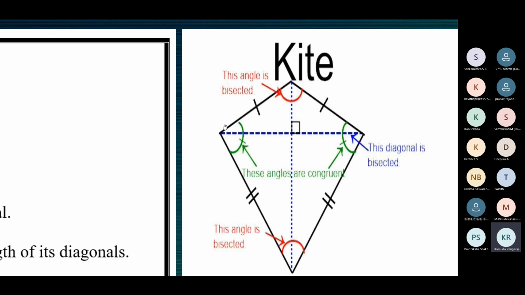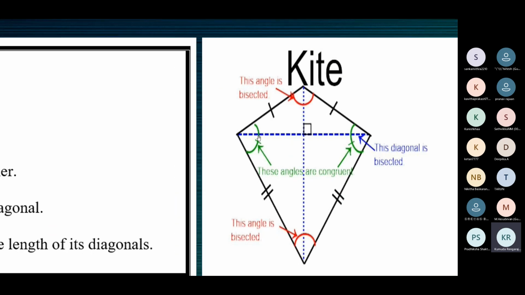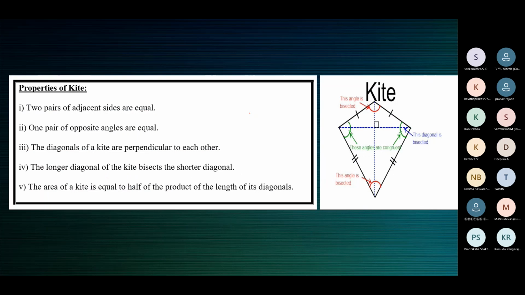Can we prove that this triangle, can you prove that this triangle, let me name it. Let me just call this A, B, C, D, and O.